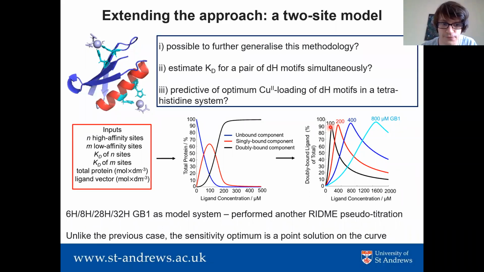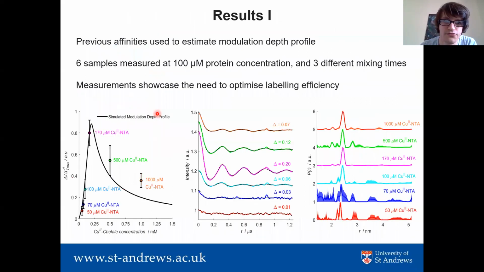So we already had the tetrahistidine GB1 construct as a gift from Sunil, and therefore we endeavored to perform another RIDME pseudo-titration series in the presence of copper NTA. Using the previously determined KD values from both the ITC and copper-nitroxide RIDME, we were able to simulate a modulation depth profile, which I've shown in black.